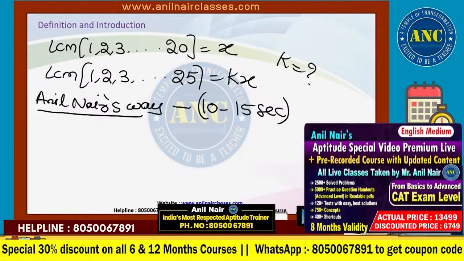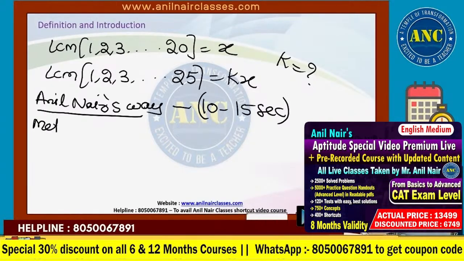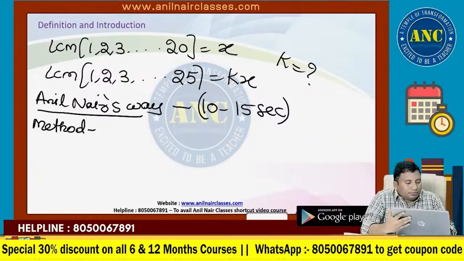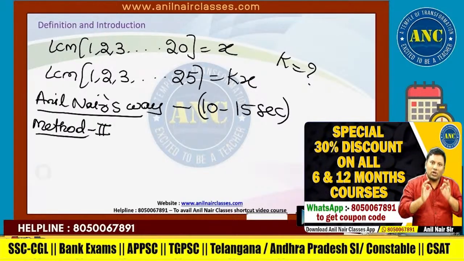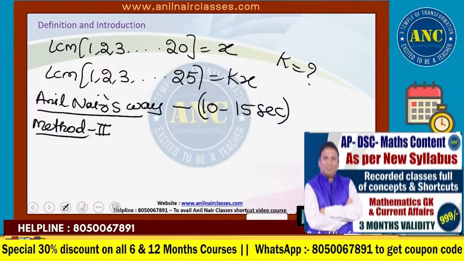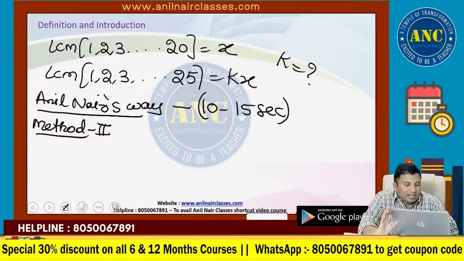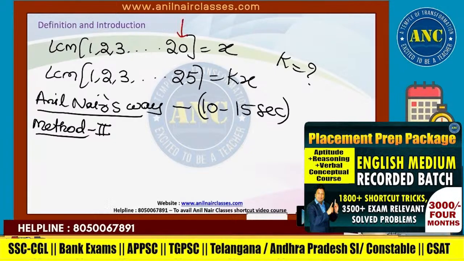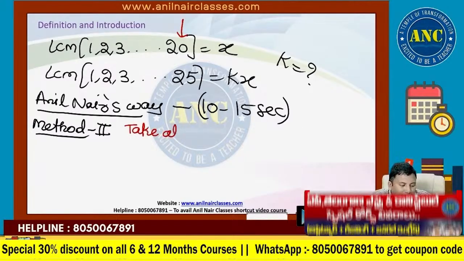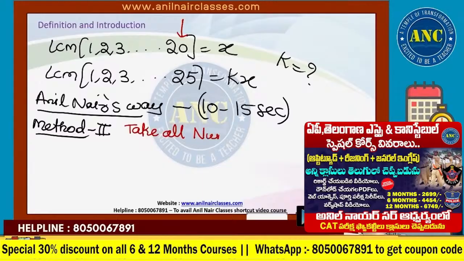If you know this approach. Method 2. LCM of 1, 2, 3 till 20 is X. LCM of 1, 2, 3 till 25 is Kx. Question is given till 20.